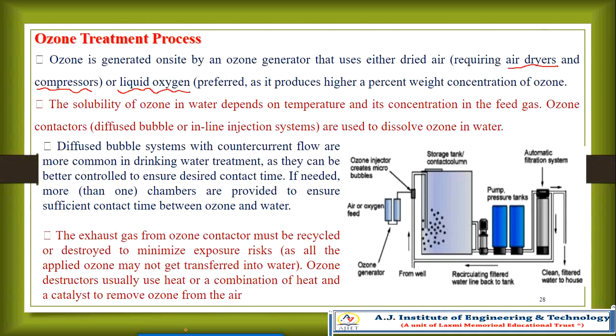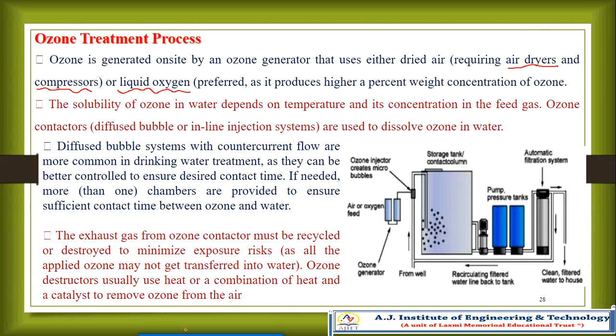The diffused bubble system is one of the major platforms by which ozone can be dissolved easily. That is one thing you have to keep in mind.